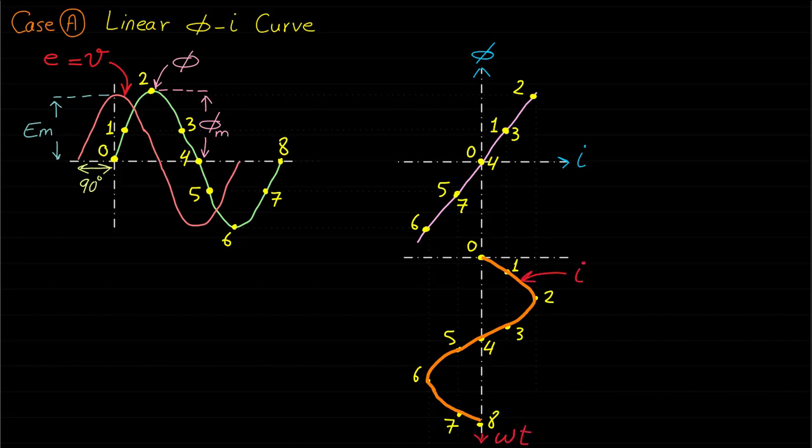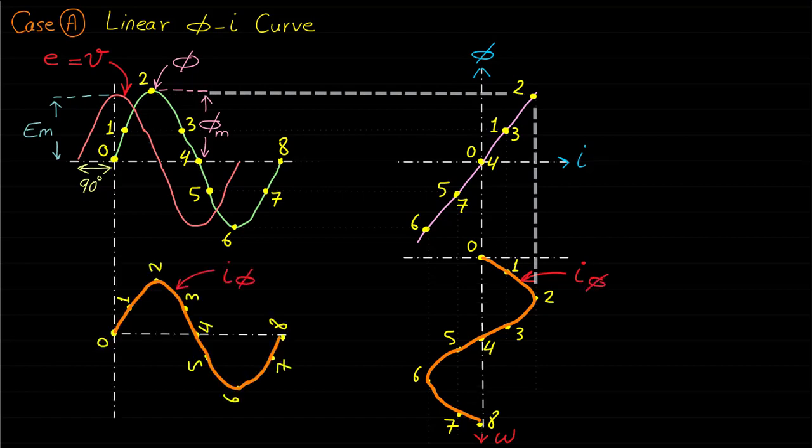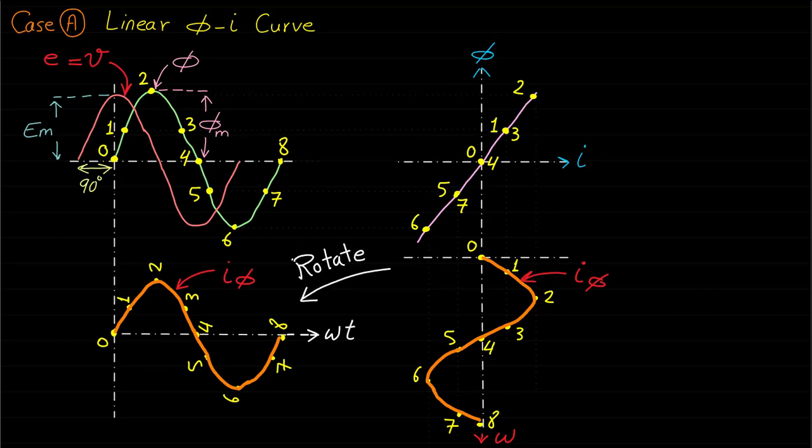For example, if we map point 2 on the magnetic field phi on the phi I curve, the corresponding point of the excitation current can be identified. Now, if we rotate the resultant current waveform 90 degrees, we can see that the excitation current I phi is sinusoidal. Also, the current and the magnetic field are in phase.